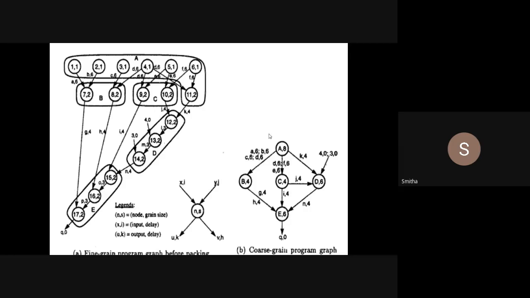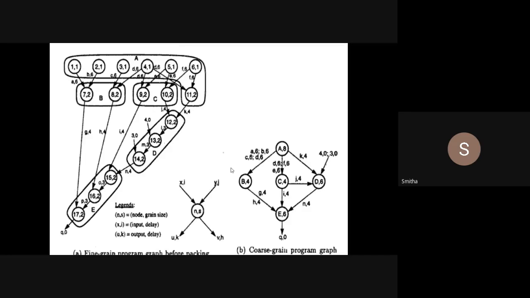So I can reduce the latency, because I am treating the 7 nodes here, 1 to 6 and 11, as one unit. Actually, we can reduce the number of communications, so that I can reduce the delay also. Same thing for all the grains.